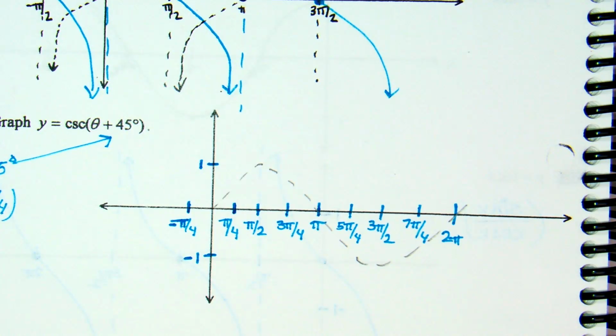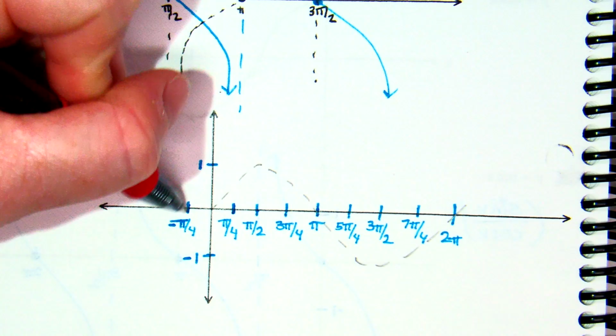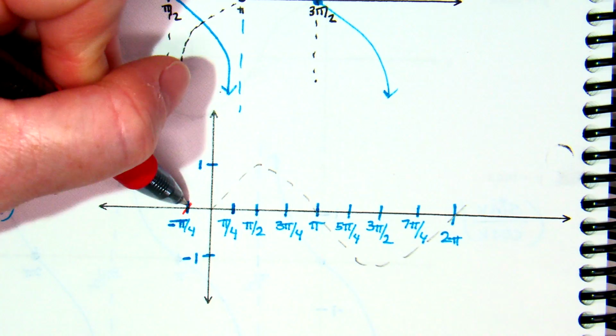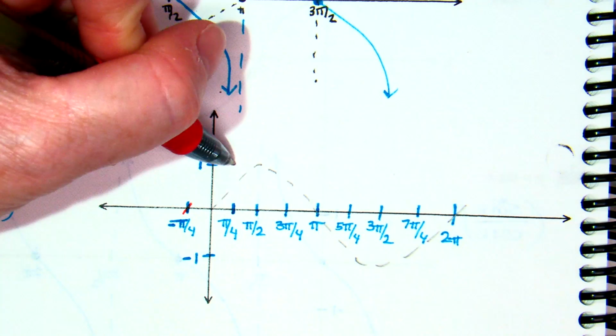Move it left. So if I move it left pi over 4, every mark we made needs to move left pi over 4. So instead of starting at 0, 0, I'm going to start at negative pi over 4. Instead of maxing out above pi over 2, where am I going to max out about? Pi over 4.